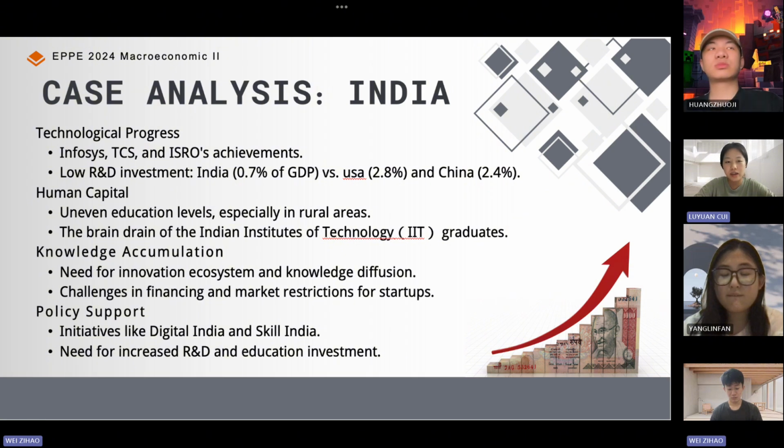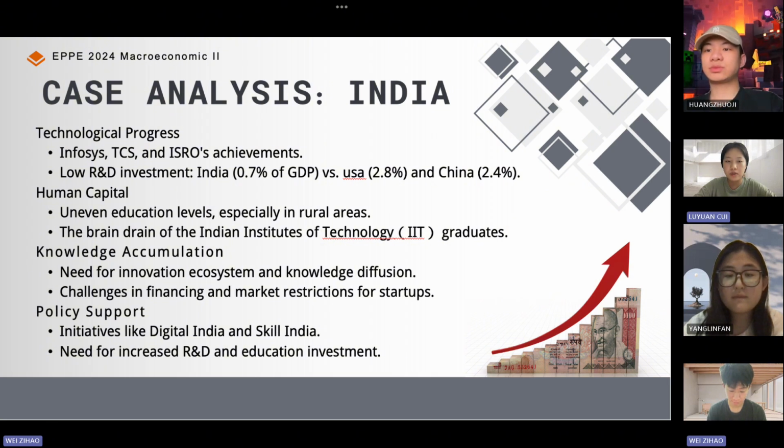The second is human capital. Human capital issues include uneven levels of education, especially in rural areas, and a brain drain of graduates from the Indian Institute of Technology. The next is knowledge accumulation. Knowledge accumulation is hampered by an inadequate innovation ecosystem, poor knowledge spread, financing challenges, and market constraints faced by startups.